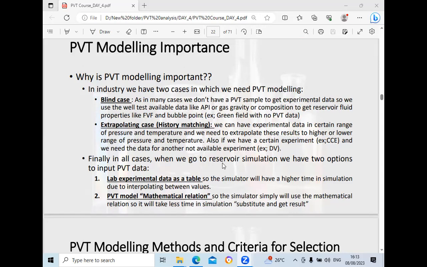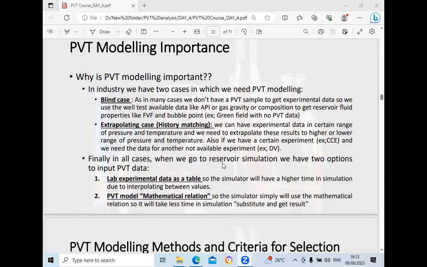Then they analyze and determine these various properties at different pressure conditions, probably by changing the pressure value. Then they measure all of these parameters. They might measure it up to a certain pressure, let's say 2000, 2500 psi.